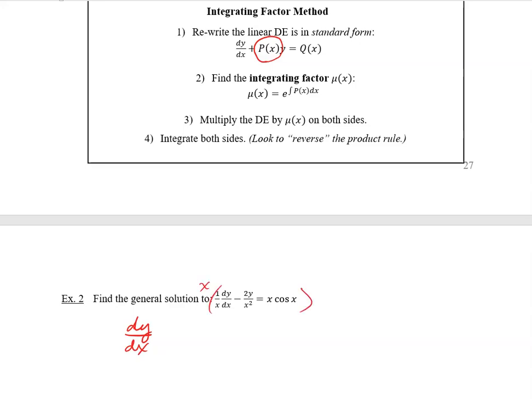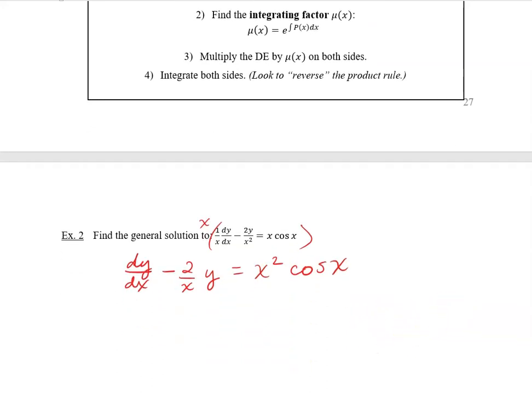So I get dy dx minus, if you multiply the second term by x, that becomes 2 over x times y equals x squared cosine x. So that certainly is linear. I've got my linear y term there. I've got a function p of x in front of it. And then I've got my q of x function on the other side. So then the next step is to find the integrating factor.